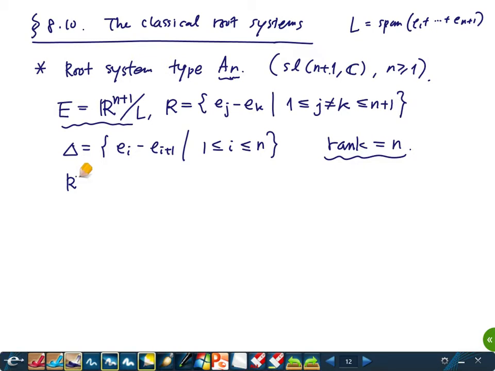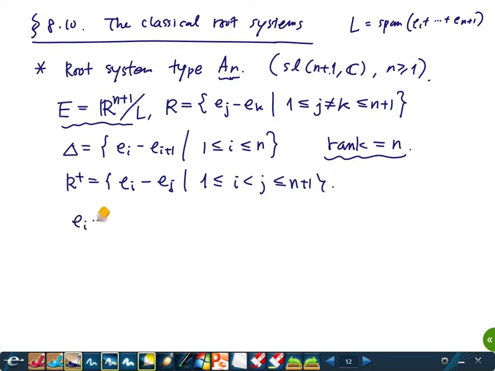And R plus, the set of positive roots, is of the form Ei minus Ej, where i is less than j. Why is this positive?